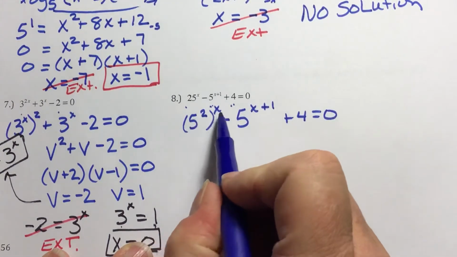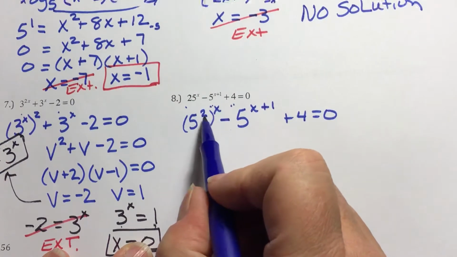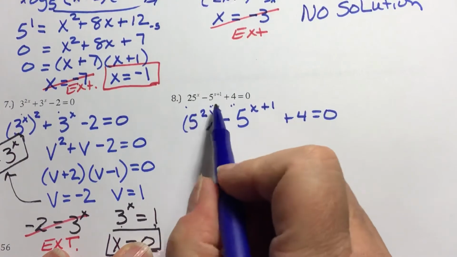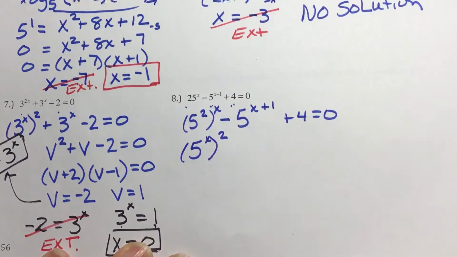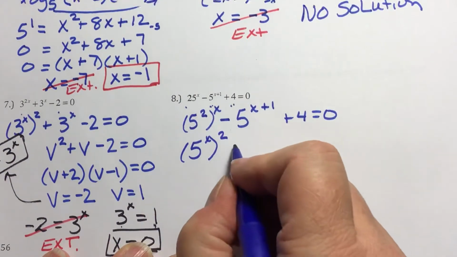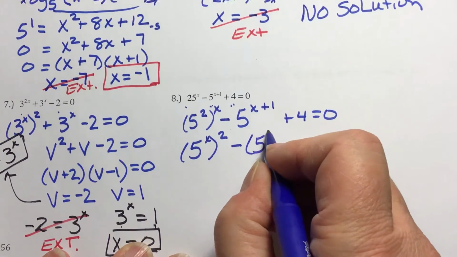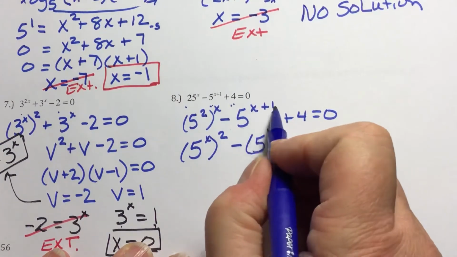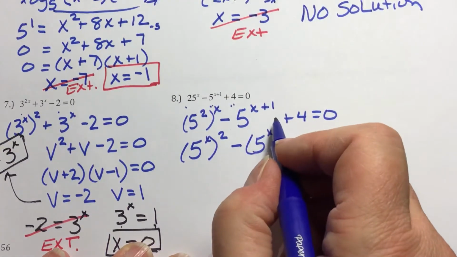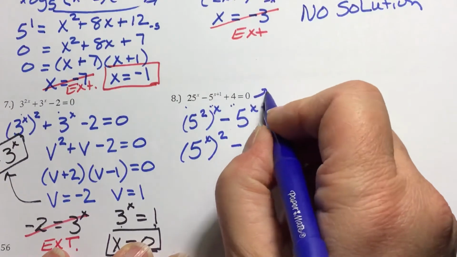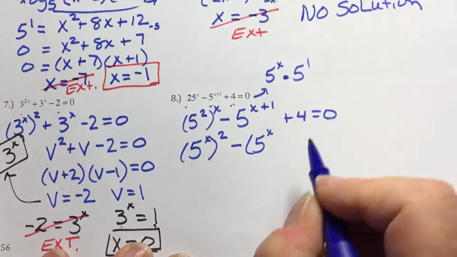If I want to say this is 5 something squared, I'm going to say this is 5 to the x that's being squared. And I have another 5 to the x here. The rule for adding exponents is that I have the same base. So this is really 5 to the x times 5 to the first.